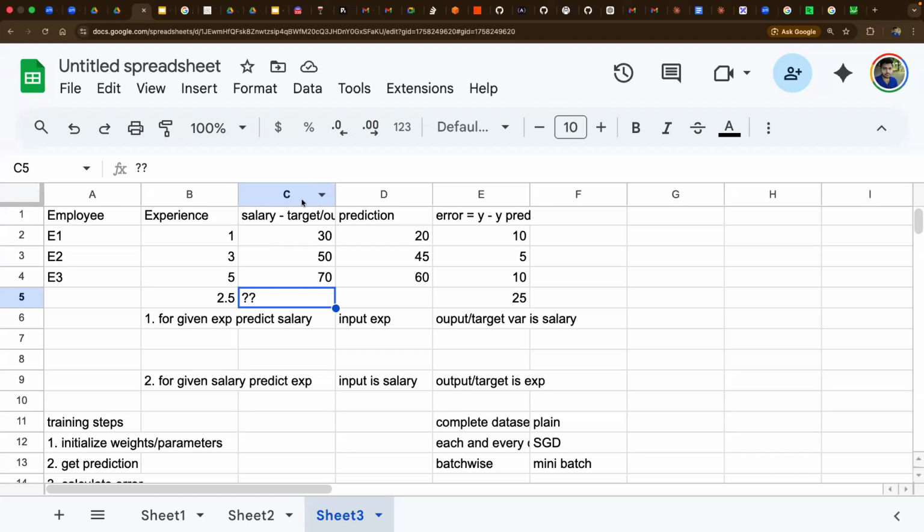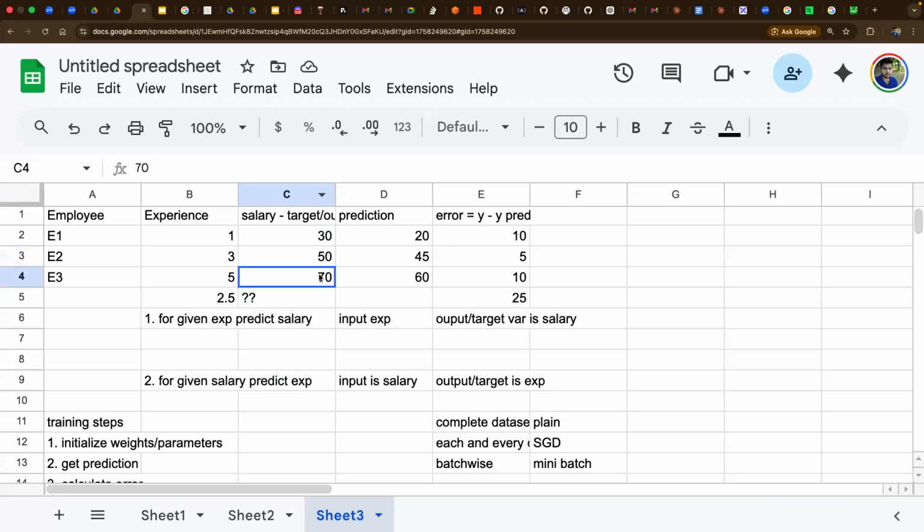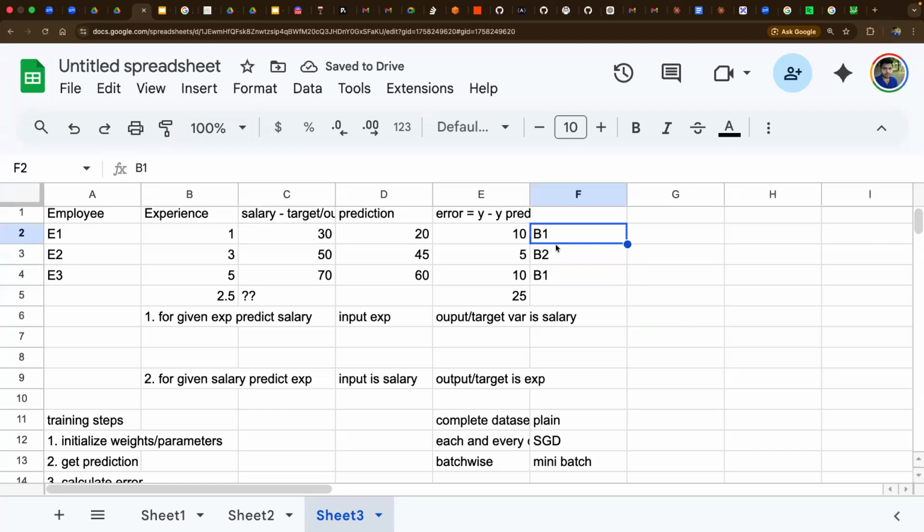For example, here in place of this C column output variable, instead of numerical data, let us say this employee belongs to band 1, this employee belongs to band 2, and this belongs to band 1, or band 3 may be there.